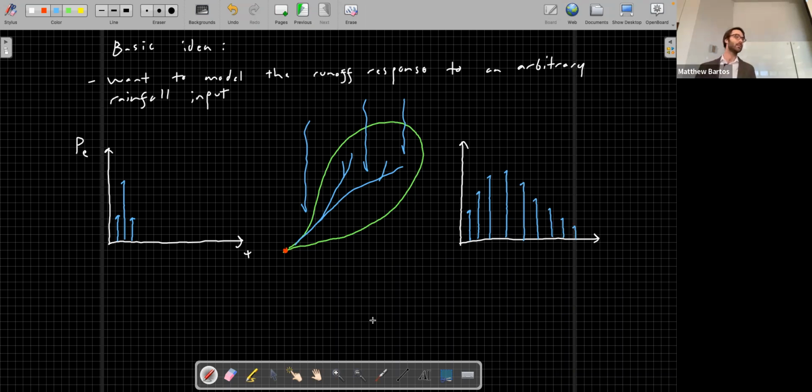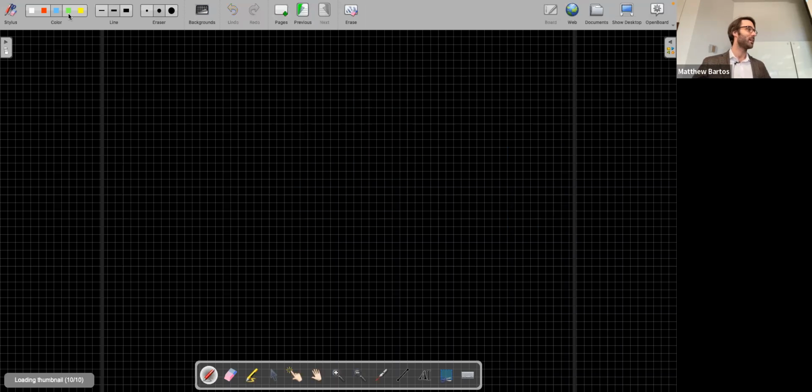So we want to model the runoff response from a watershed to some arbitrary rainfall input. That's our ultimate goal. So why does the watershed smooth out the rainfall response like this? We talked about it a little bit a couple lectures ago. Exactly, yeah. As I mentioned a couple lectures ago, let's say we have a watershed.